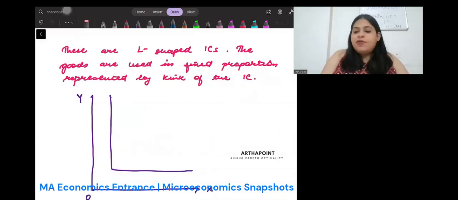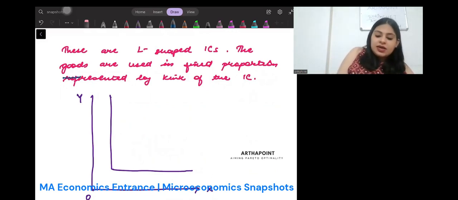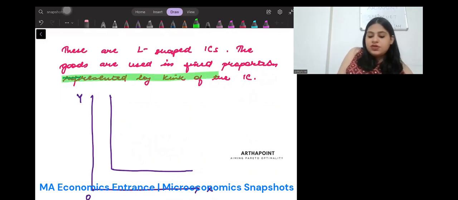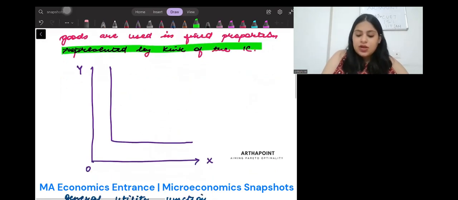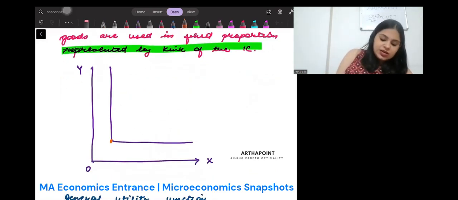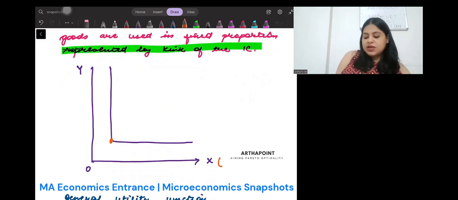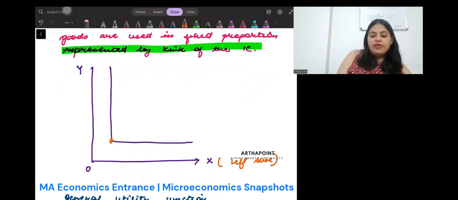One property of perfect complements is that they're used in some fixed proportion. And that proportion in which they are used is represented by the kink of the IC. Let us try to understand this a bit more. So consider that at this kink, we are talking about X being, let's say, left shoe, and Y being right shoe.